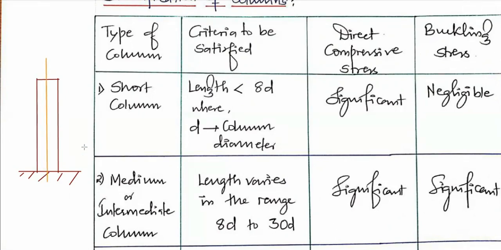Let us say this is the centroidal axis or the central axis. Now what is happening along this central axis? If I load the beam along the central axis, I'll be using red color.